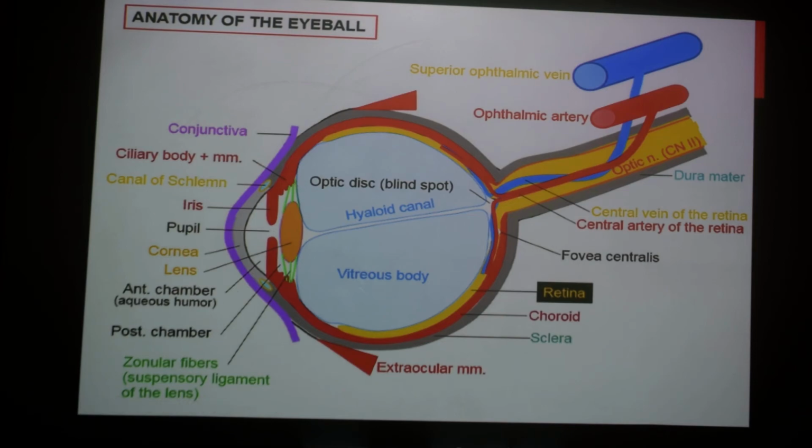When the ciliary muscle is going to relax, it is going to cause the suspensory ligaments to become much more loose, and the lens is going to become more convex. So there is more accommodation which is going to happen.